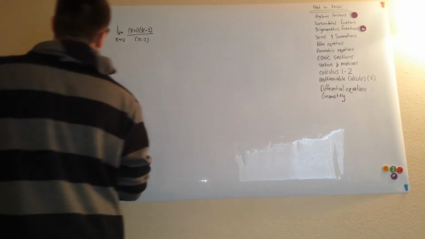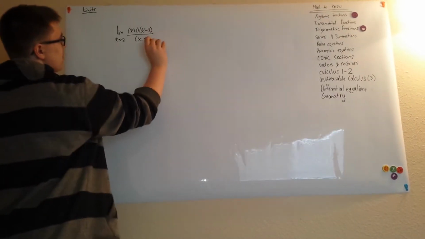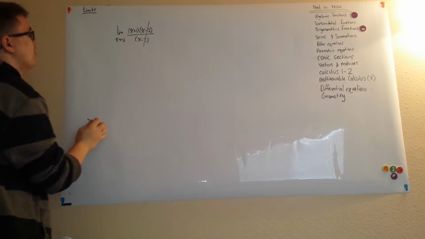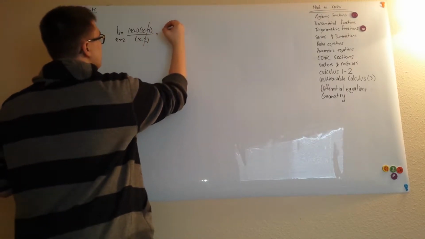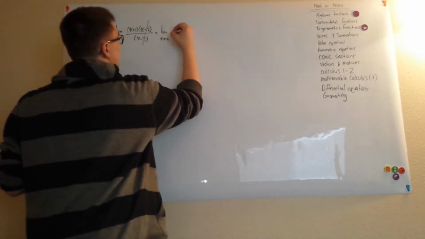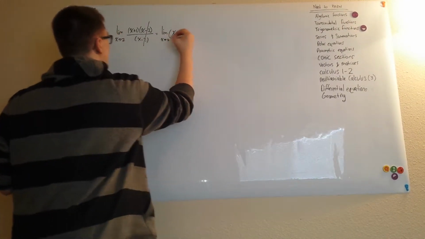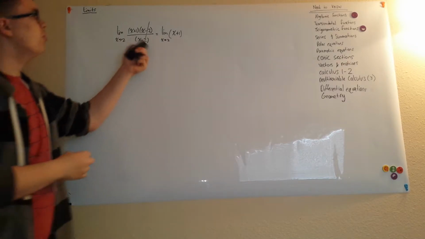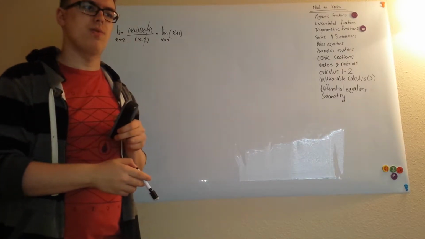We're removing our issue. And if you see that there's a common factor on the top and bottom, and that they cancel out, this would equal the limit as x approaches 2 of x plus 1. And it's just x plus 1. Now you're removing a domain value.